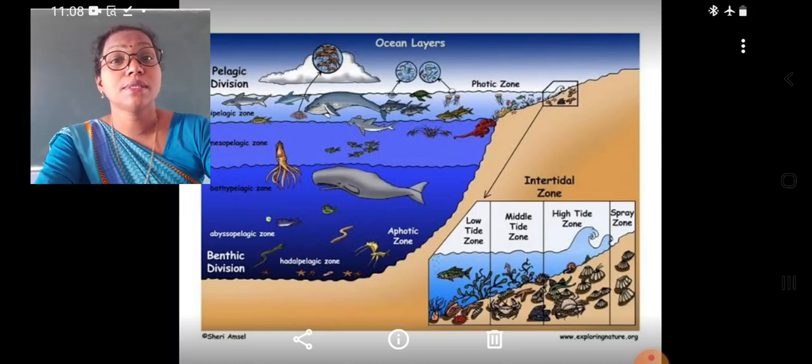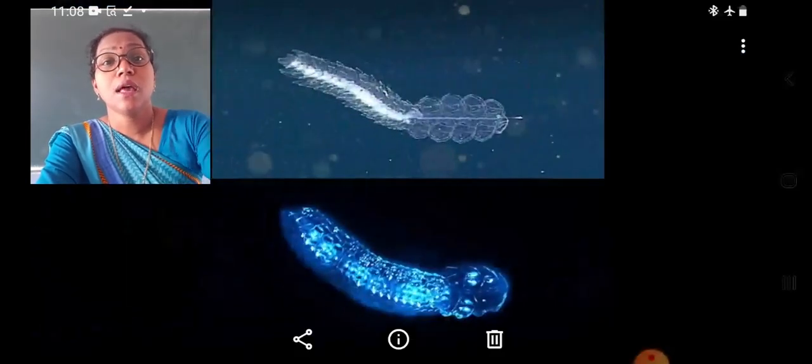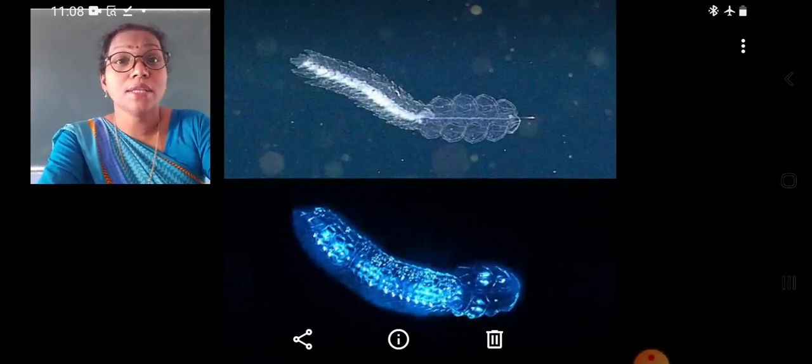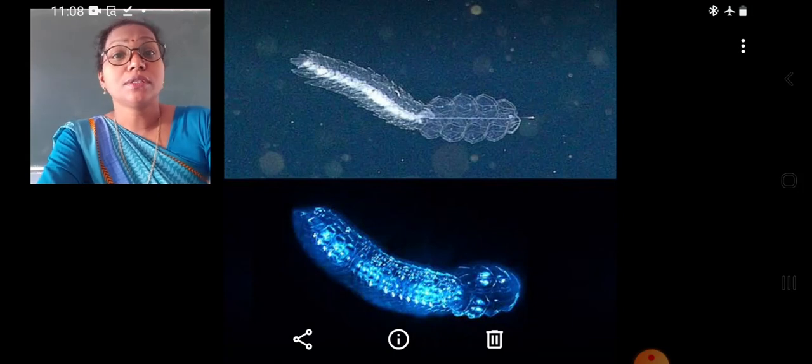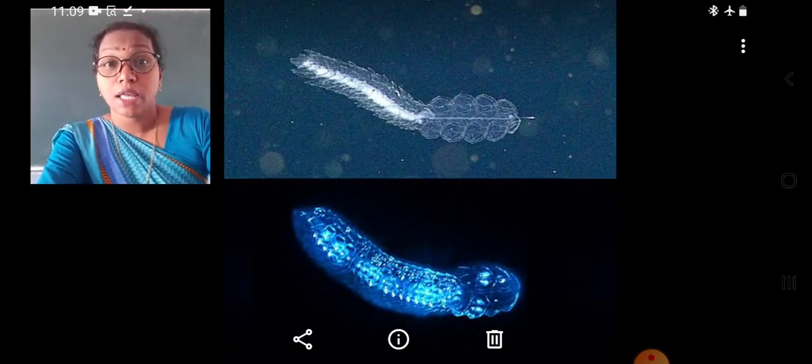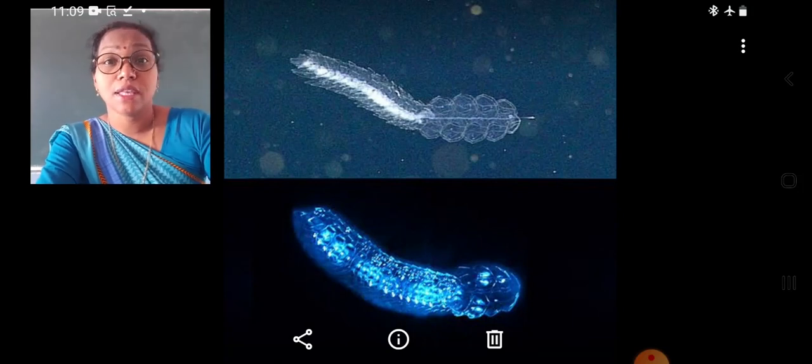Many organisms have no eyes because in complete darkness there is no need of eyes. Some organisms produce their own light. So they can travel in the deep sea waters without any difficulty. They can catch their prey.